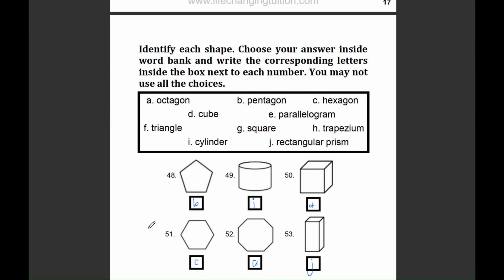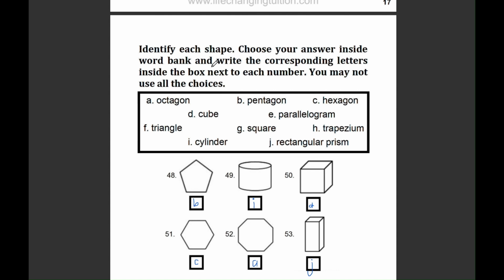Reason, definition of trapezium. Question 48. Identify the 2D, 3D shape, 5-sided polygon. Word bank: A, octagon, B, pentagon, C, hexagon, D, cube, E, parallelogram, F, triangle, G, square, H, trapezium, I, cylinder, J, rectangular prism.